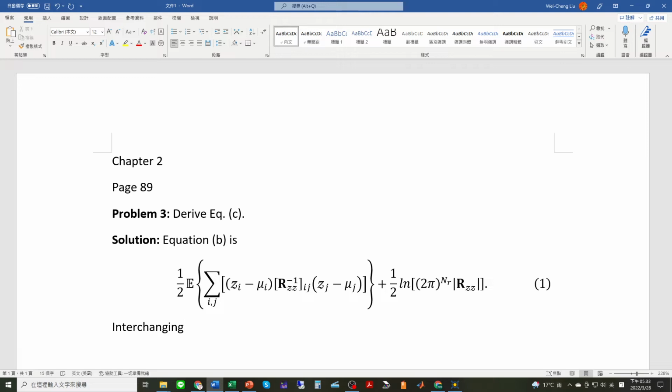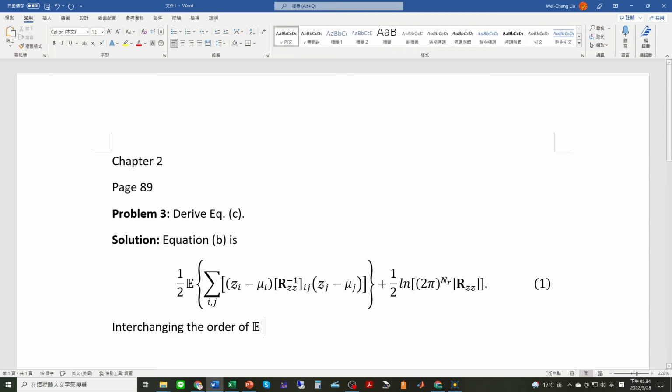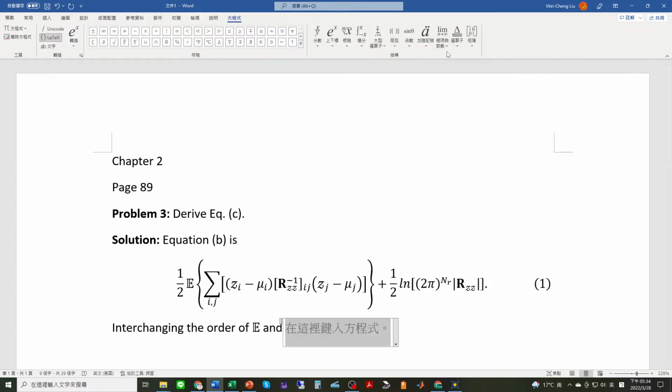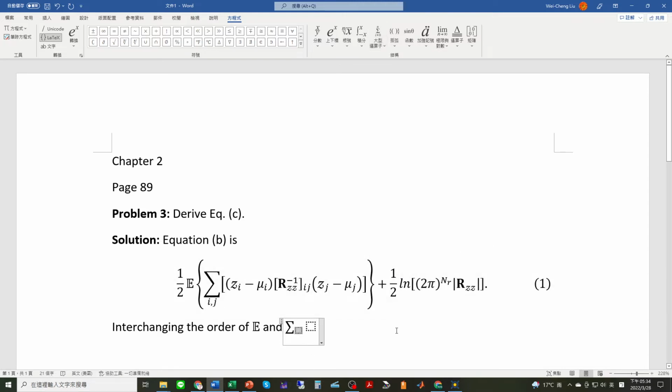Interchanging the order of expectation and summation ij, summation ij, here.